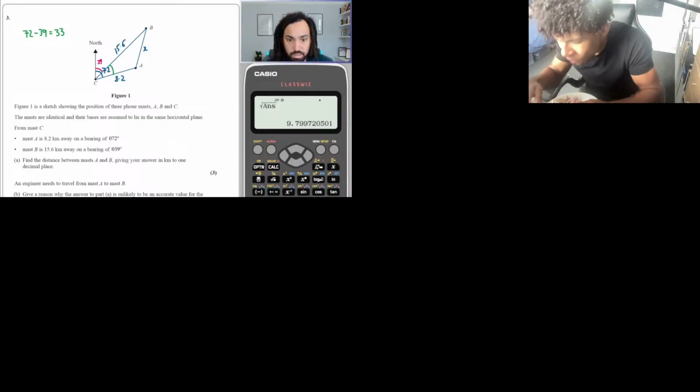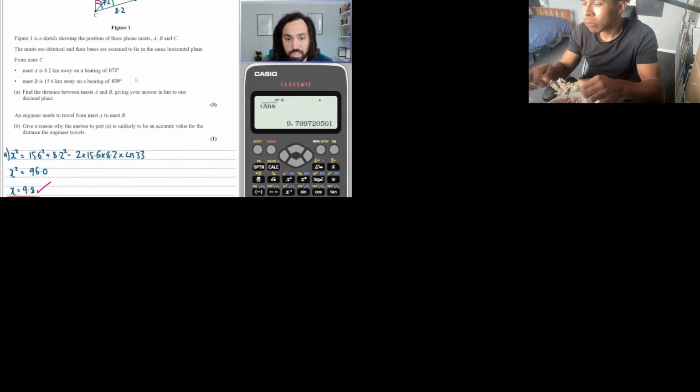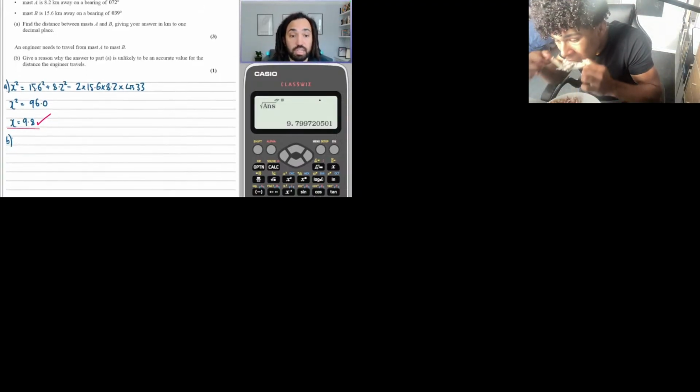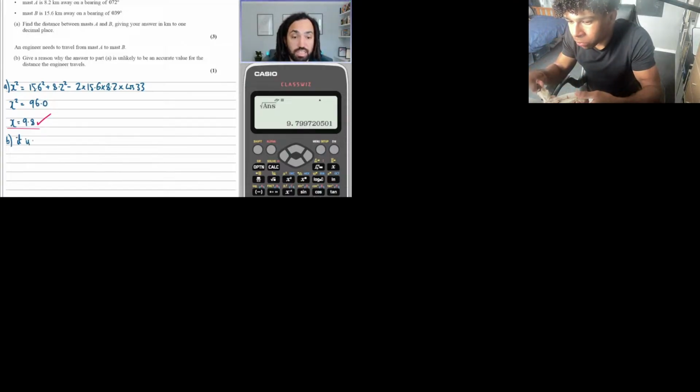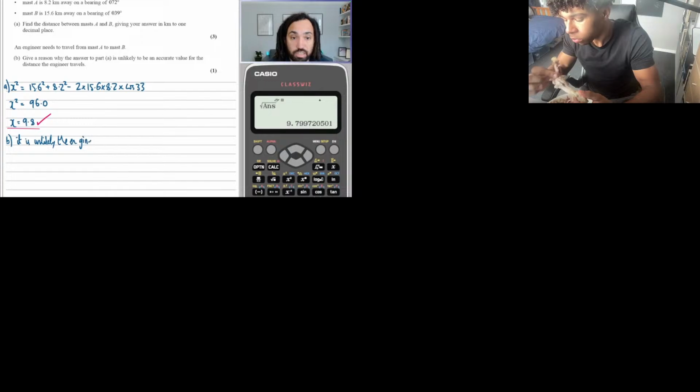But because this is quite a big distance, it's kilometres, he's going to travel by car, so the roads aren't going to be exactly a straight line. So you could just say it is unlikely the engineer will travel in a straight line.